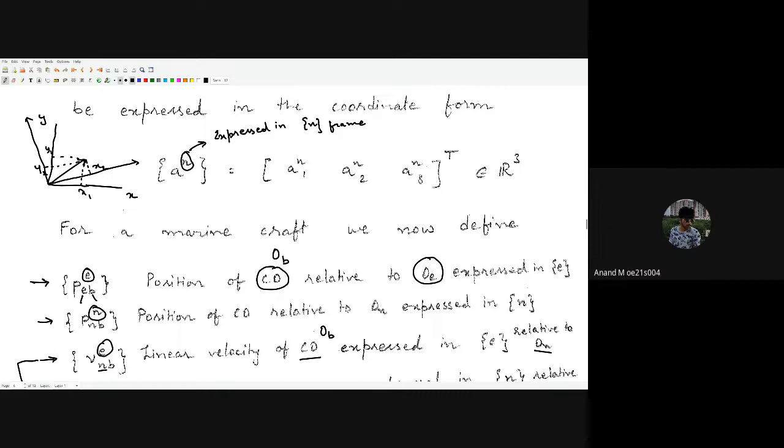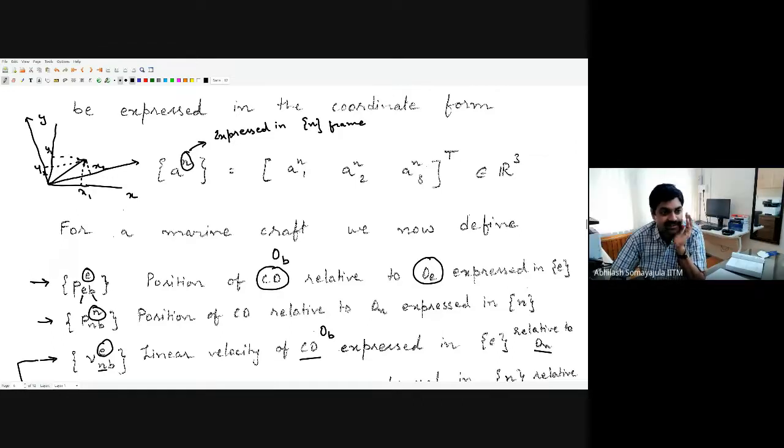Sir, can you come again, sir? Last point. Sure. See, let's say that I have defined one frame here. I'll call this frame 1. This is x1, this is y1, this is x2, and this is y2. Now I'm taking the same vector, which is represented by this arrow here. And I'm dropping the components of the vector in each frame I'm looking at.